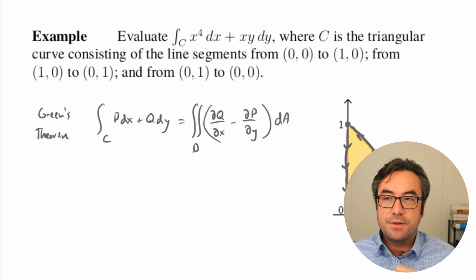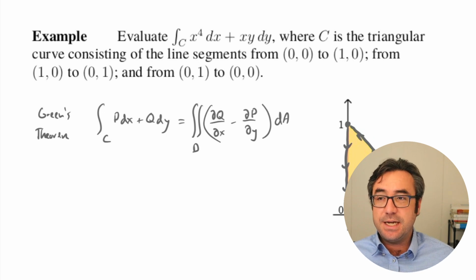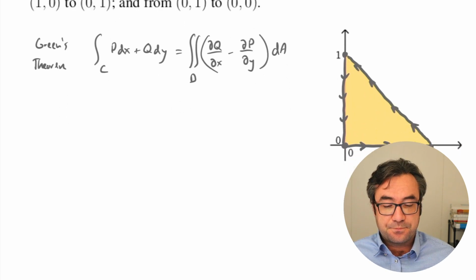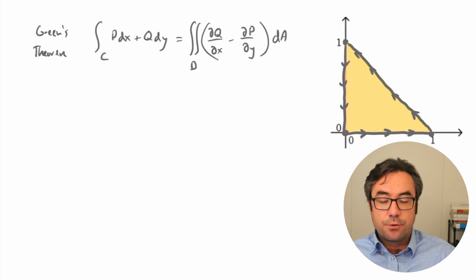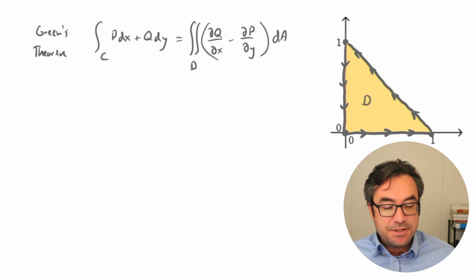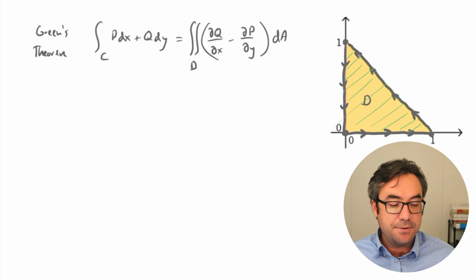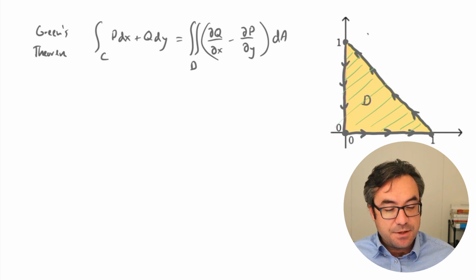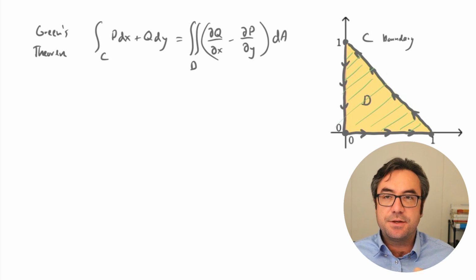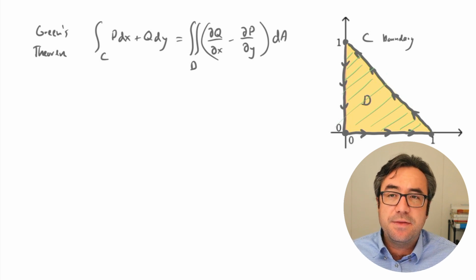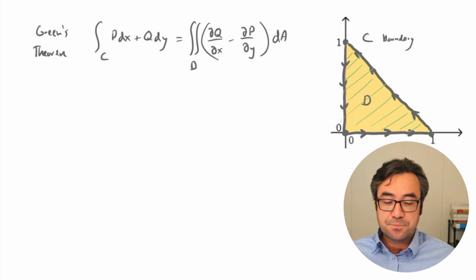And we're doing this double integral over region D. All right, so let's actually try this out. So in our case, region D is this entire region that's enclosed by our curve C. So our curve C is the boundary, and region D is the part of the xy plane that's enclosed by curve C.